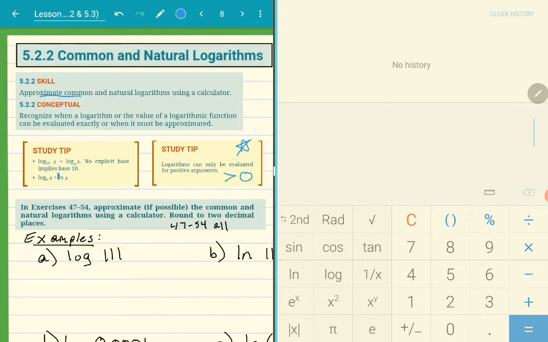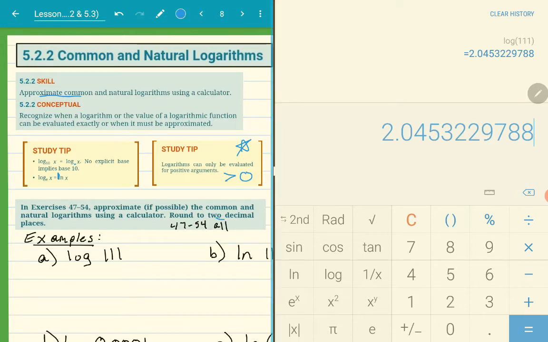So our first one, a, is log of 111. So I just go log 111, and I get, and I'm going to round it to 2 decimals per the directions, which is 2.05, and I'm going to round up to 5 because my third term is a 5.